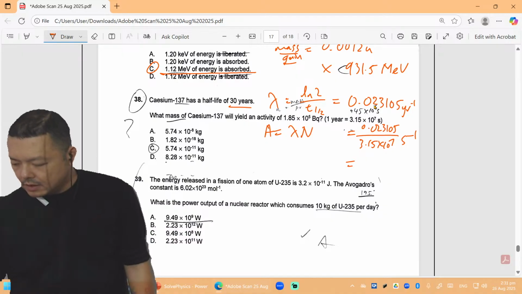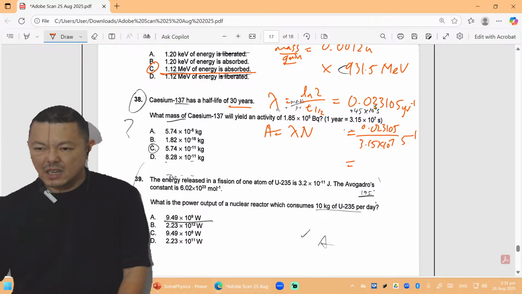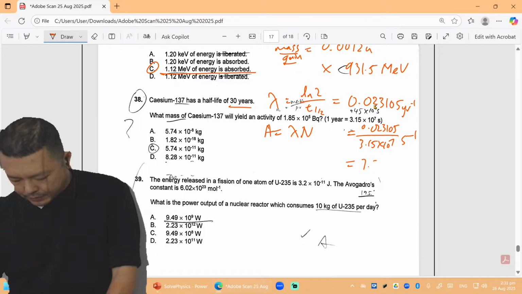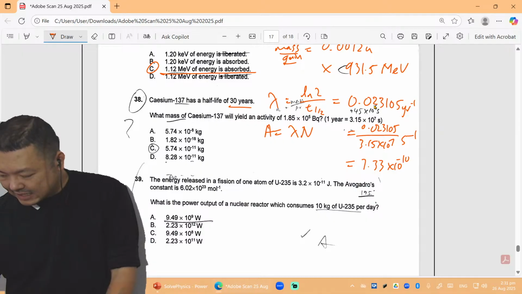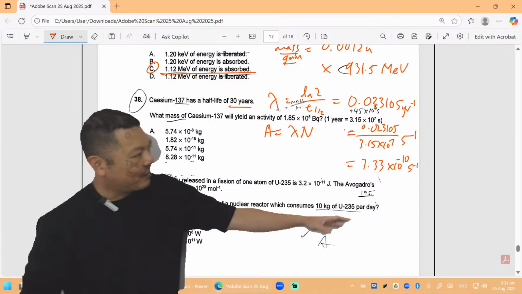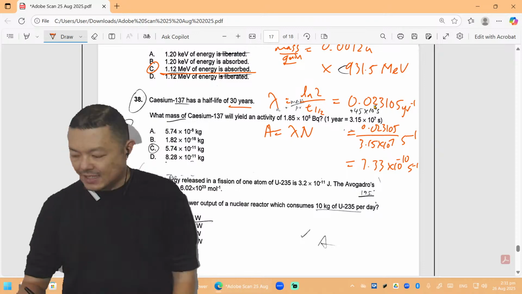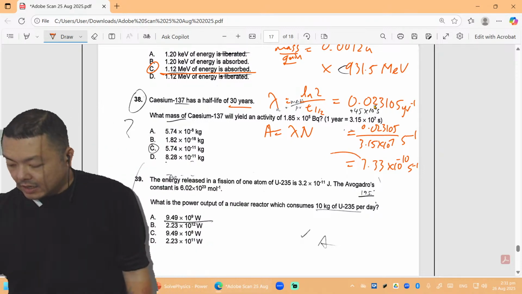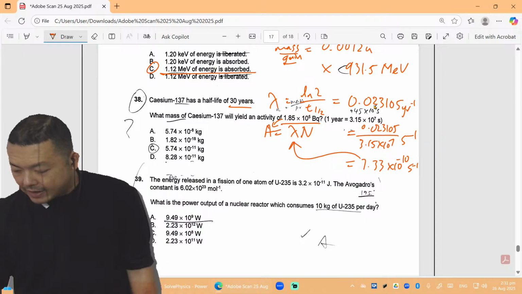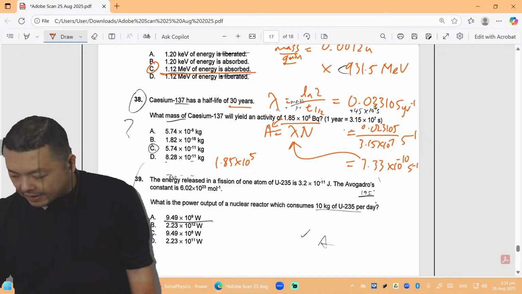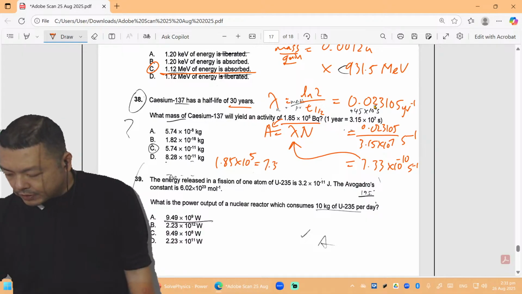How much is that? 7.33 times 10 to the power minus 10 per second. So that's a very low probability per second, but that's the decay constant lambda, and you require this amount of becquerels. So 1.85 times 10 to the power 5 equals 7.33 times 10 to the power minus 10 times N.